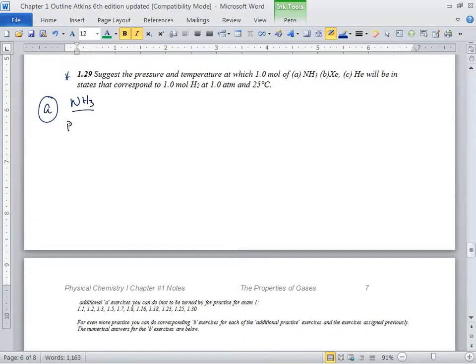You want to know what the pressure will be and what the temperature will be. You've got xenon. You want to know what the pressure will be and what the temperature will be. And then you've got helium. For them to be in the same state.